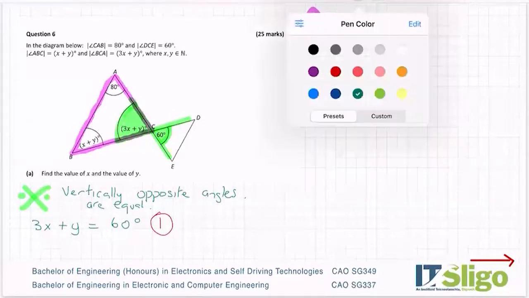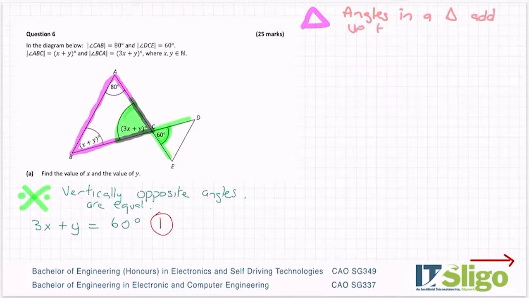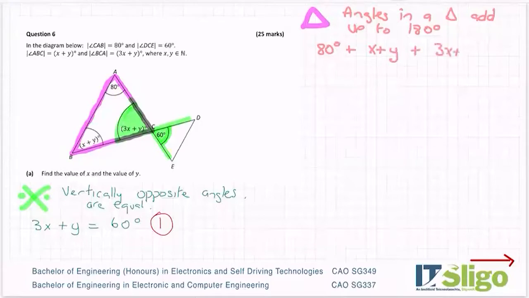Angles, get a bit thicker so you can read it, angles in a triangle add up to 180 degrees. Therefore 80 degrees plus x plus y plus 3x plus y equals 180.